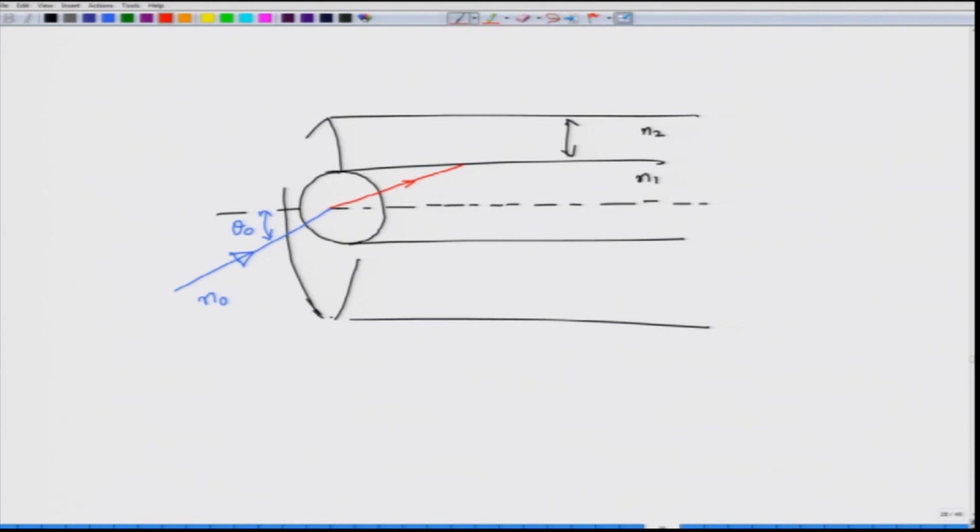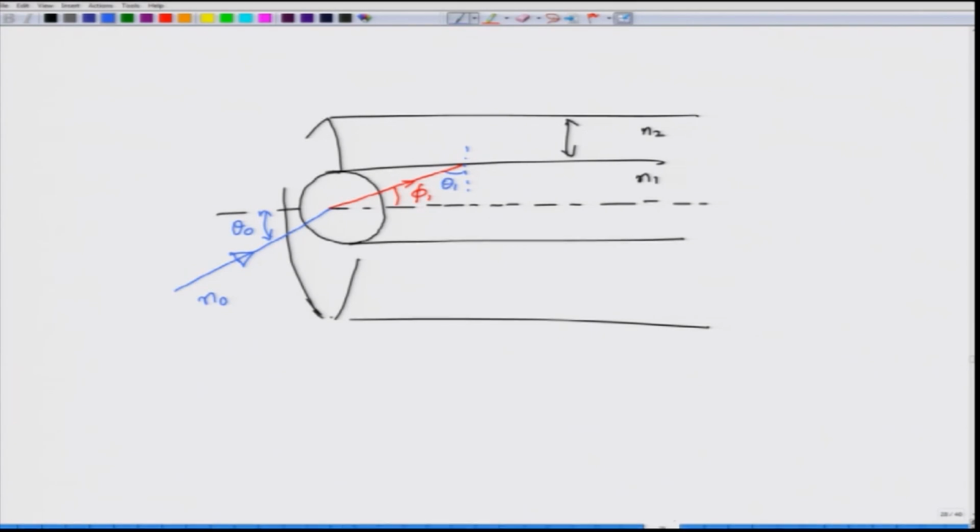This axis is the normal to the interface. So, the ray is actually making an angle of, let us say I will call this as phi, maybe if you want I can put this as phi 1, and with respect to core and cladding, now this is the core and cladding, correct. This ray of light which is travelling inside the core has made an angle of theta 1.